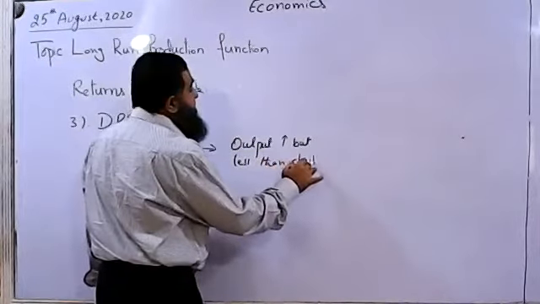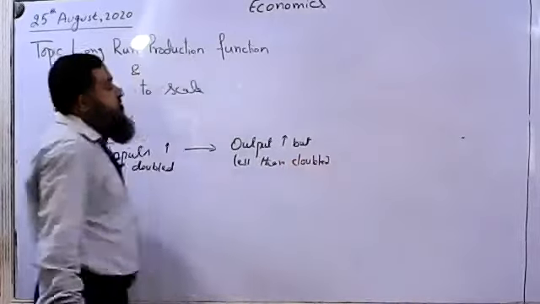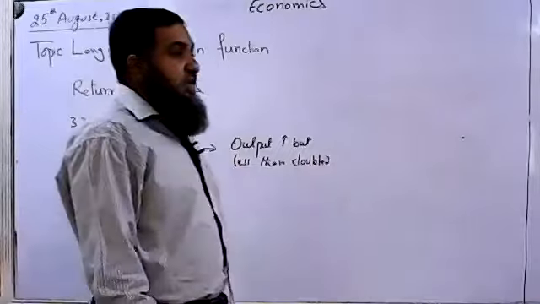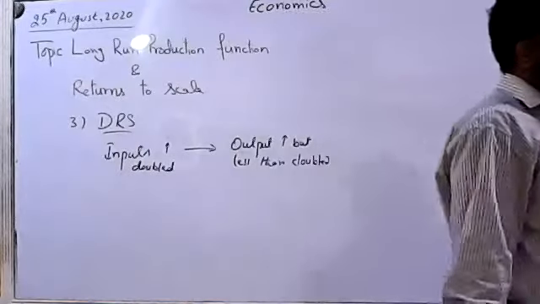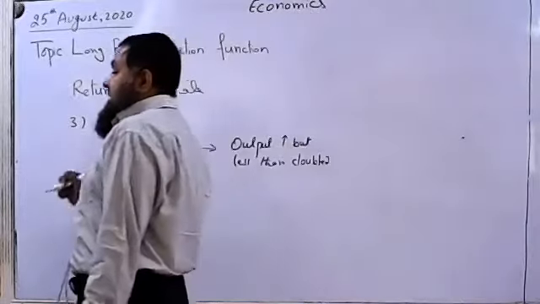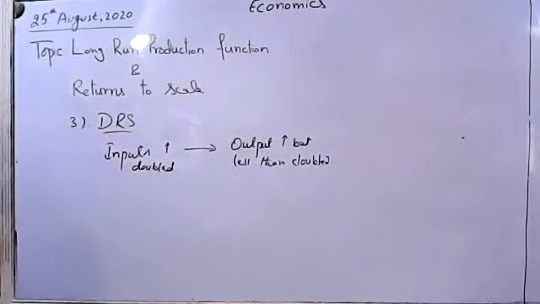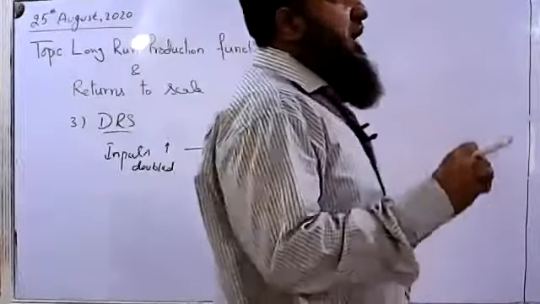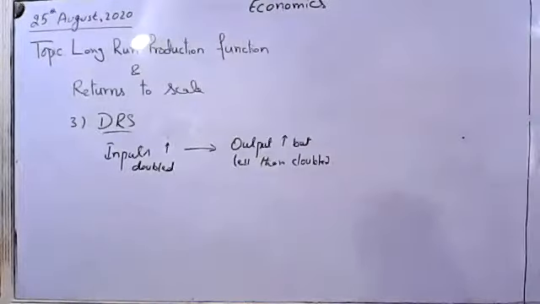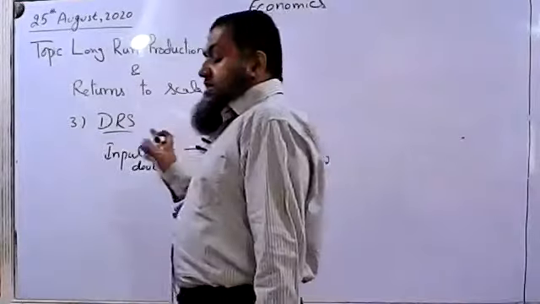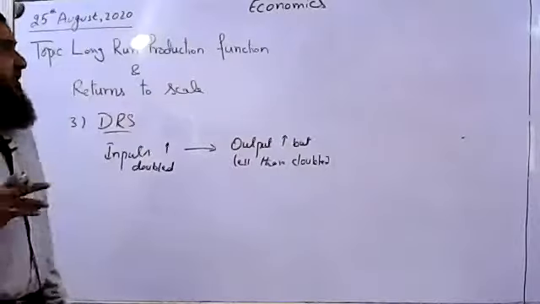You have increased the inputs by 100%, but output has increased by less than 100%. If our inputs are increased by 10%, but output has increased by less than 10%, then we say it is decreasing returns to scale. Although output has increased, it is by less than the proportionate change in the inputs. This is DRS, or decreasing returns to scale.